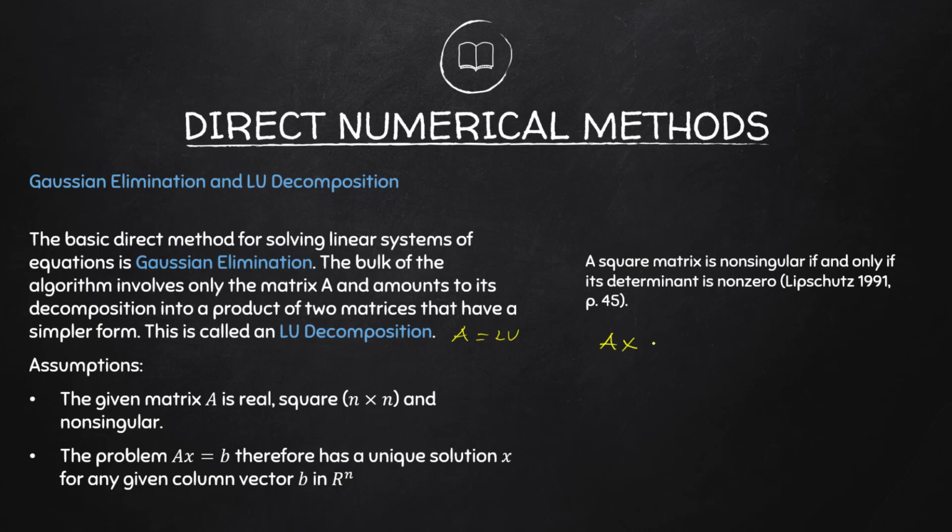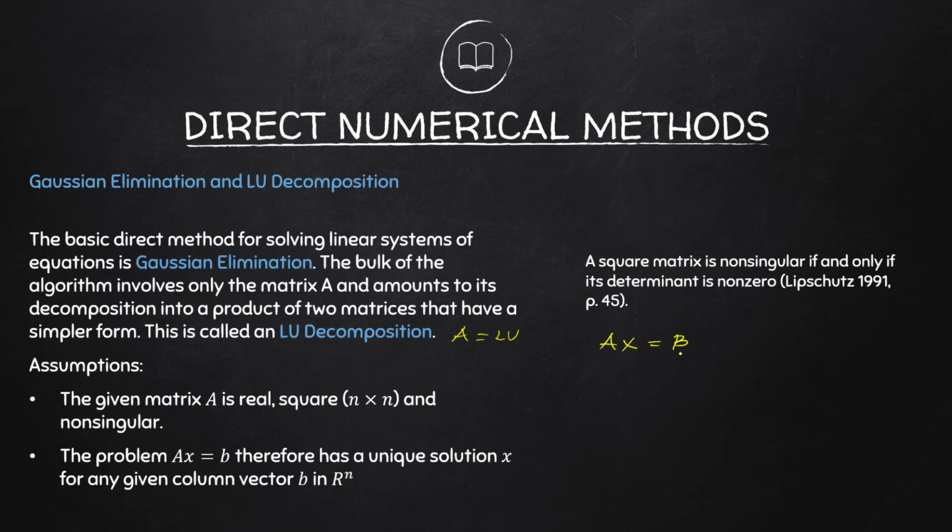The second assumption means that we have the matrix equation AX equal to B, wherein A is the coefficient matrix, X is the column matrix for the variables, and B is the column matrix for the constants. The assumption here is that there is a unique solution for the variables for any given column vector B in Rn.